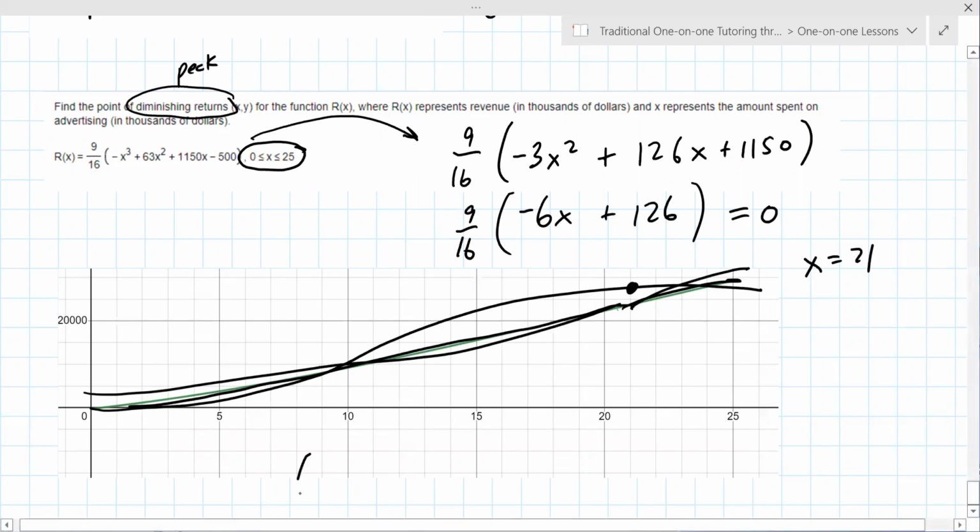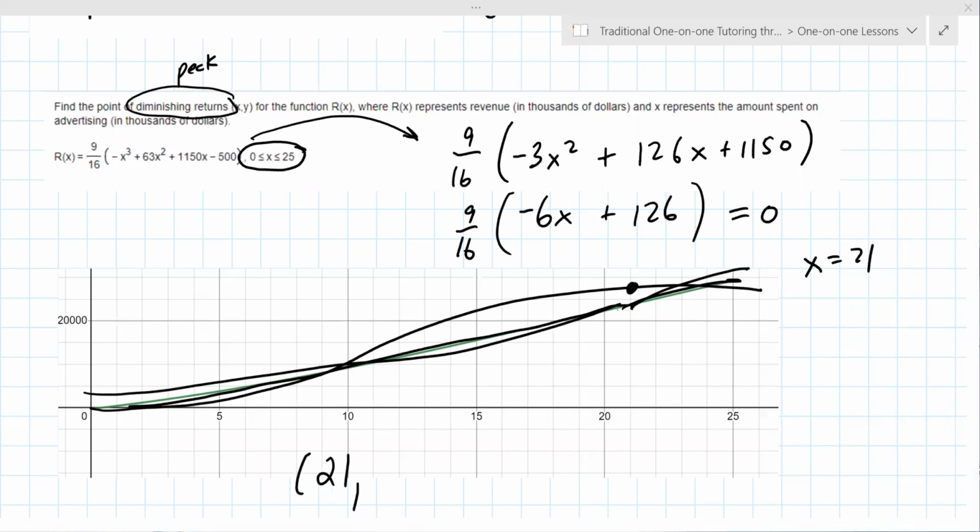But since they want an ordered pair, you have to put 21 back into the original function. I'm not surprised that the x value is nice, but the y value will probably need to be rounded. Yeah, it says that. So I'm going to put that into the original function and see what we come up with.